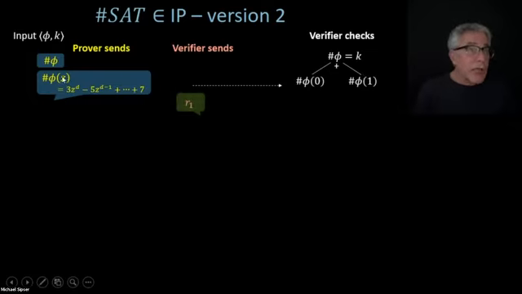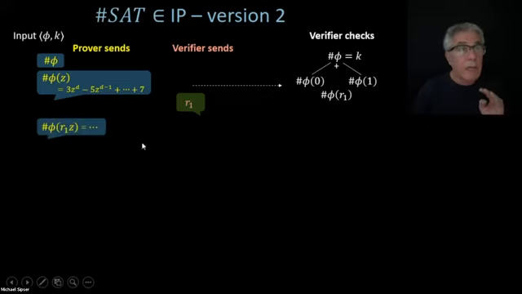Now the verifier, to check that this polynomial is correct, picks a random value to evaluate this polynomial on. And so now it's going to have to check that this is correct. So there is nothing to check yet. You're just writing this down in anticipation of the next check.